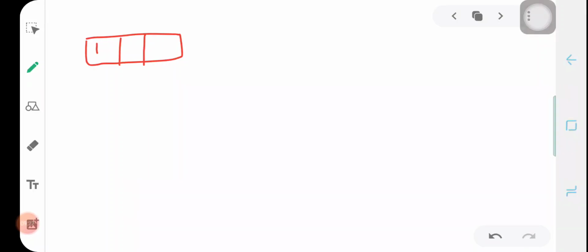So suppose this is an NPN transistor, and you know that this first one is the emitter, this is the base, and this is the collector. So this PN junction, the first PN junction, should be forward biased. Since the emitter is N, it should be connected to the negative terminal of the battery in order to ensure forward biasing, and the positive terminal is connected to the base.